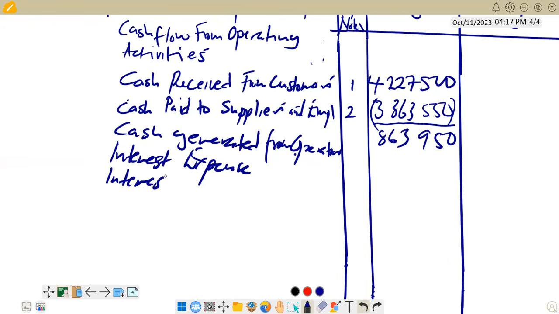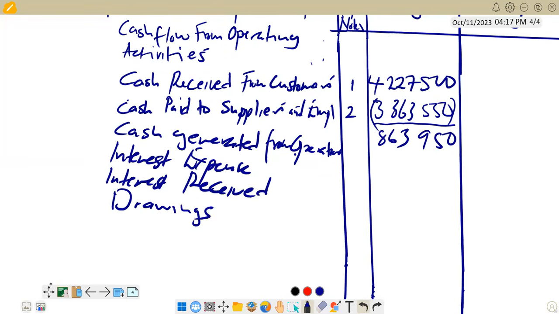Remember these figures, we adjusted them again. And then we also adjust for drawings there. Let's start with interest expense.